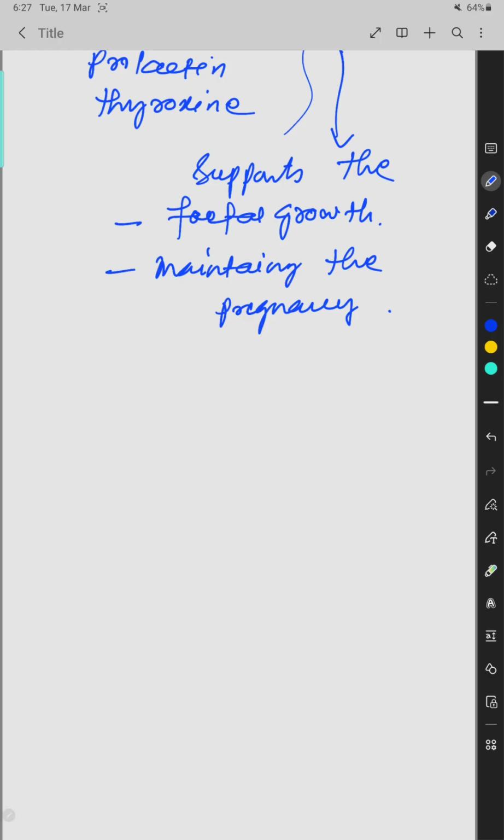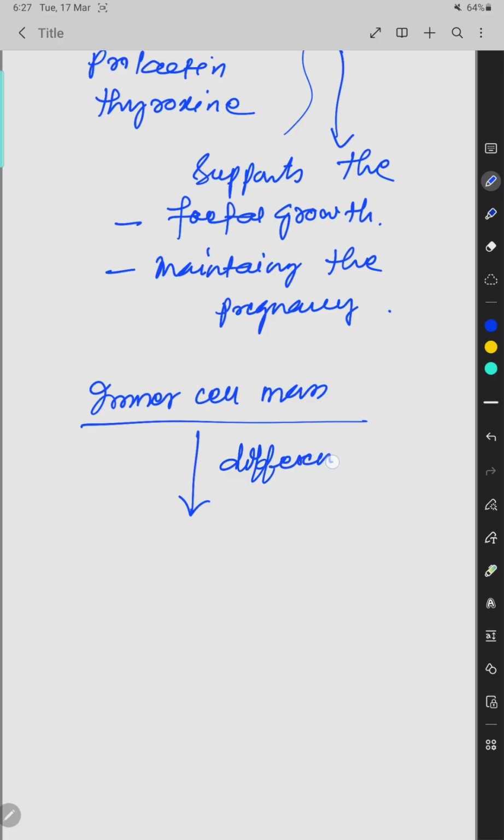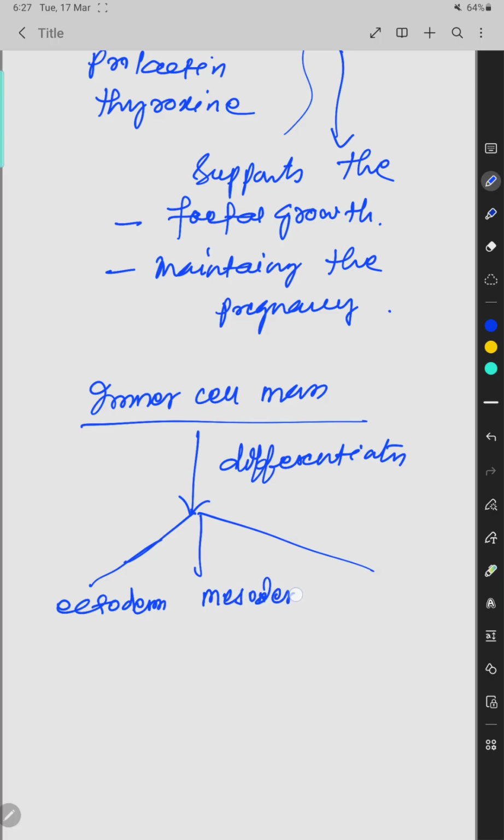now after implantation, what happens to the inner cell mass? Inner cell mass differentiates to form the embryo. Now this embryo has three layers, that is outer ectoderm, then middle mesoderm, then endoderm. Okay, so first step, what happens?